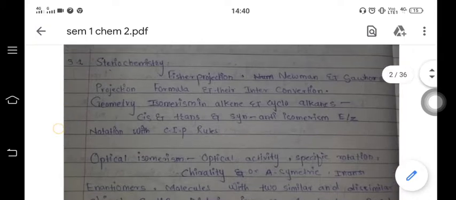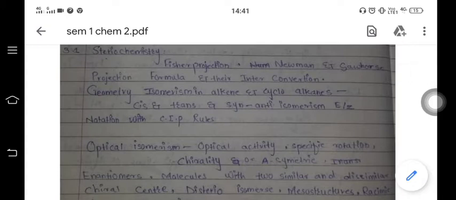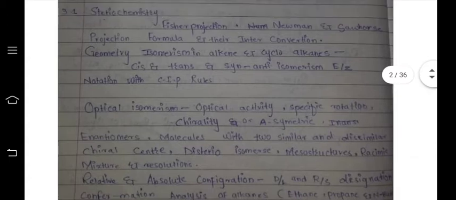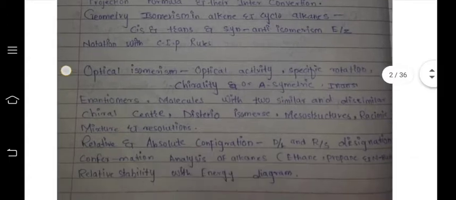So stereochemistry involves Fischer projection formula, Newman projection formula, Sawhorse projection formula, and their interconversions in this syllabus. Geometrical isomerism of alkenes, cycloalkenes, cis and trans, and E-Z notations with the CIP rules are also included in our syllabus.